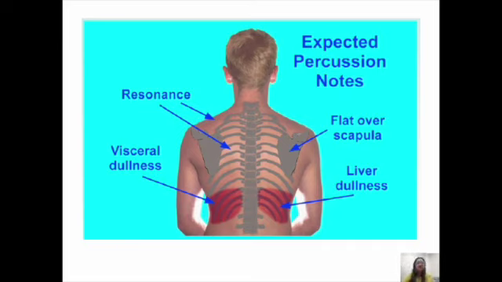This is because you have visceral organs below causing that dullness to occur. So you can't really assess the lower bases as well as you can the apices here. Also remember though that the lower lung fields really do start at T3 and then move and branch out more laterally.